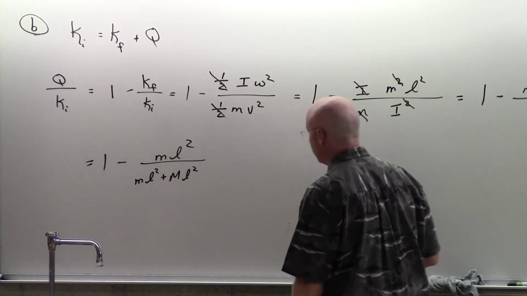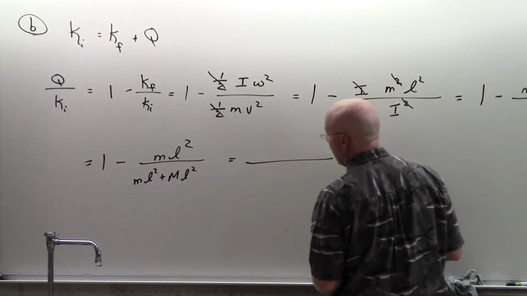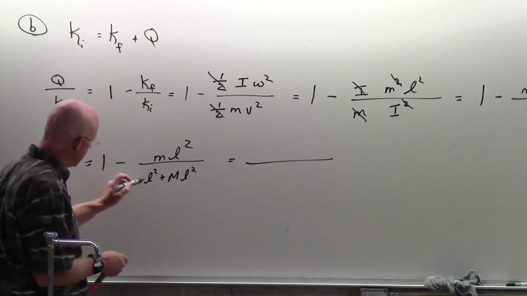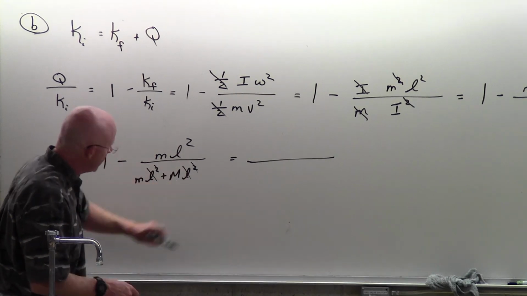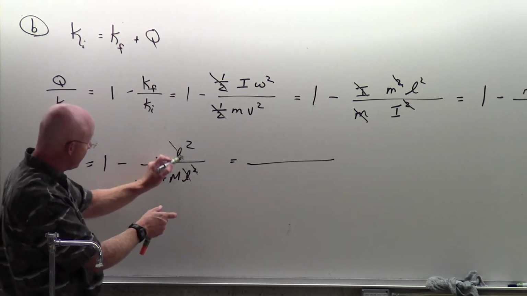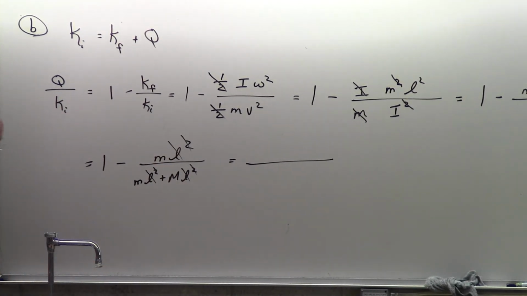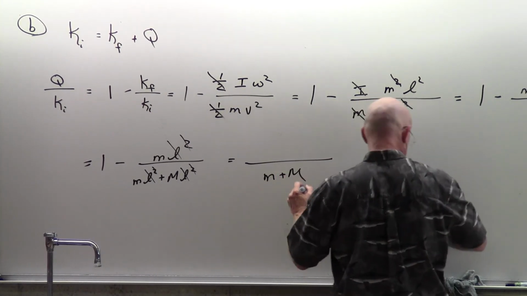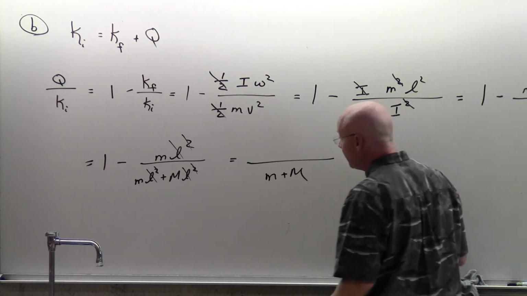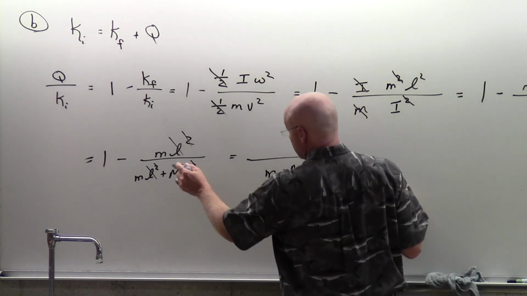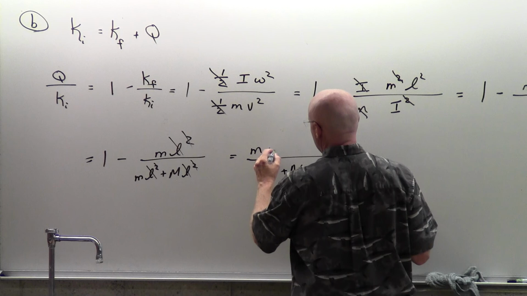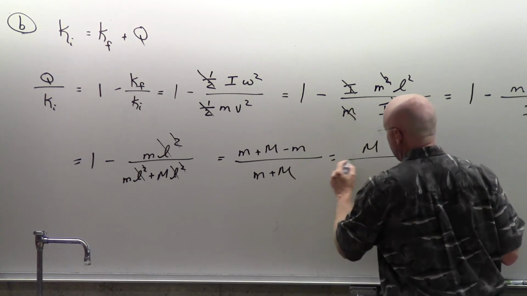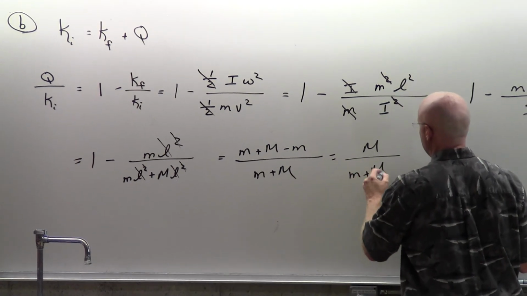Just add the two together. So when I get a common, actually I'll cancel before I get a common denominator. There's an L squared in each term in the denominator that can be factored out. And then I'll have a common denominator of little m plus big M. And so that will become little m plus big M minus little m, which reduces to big M over little m plus big M. Yay!